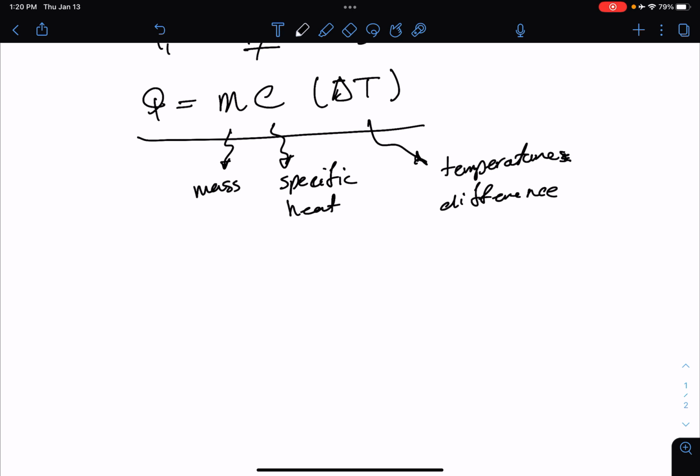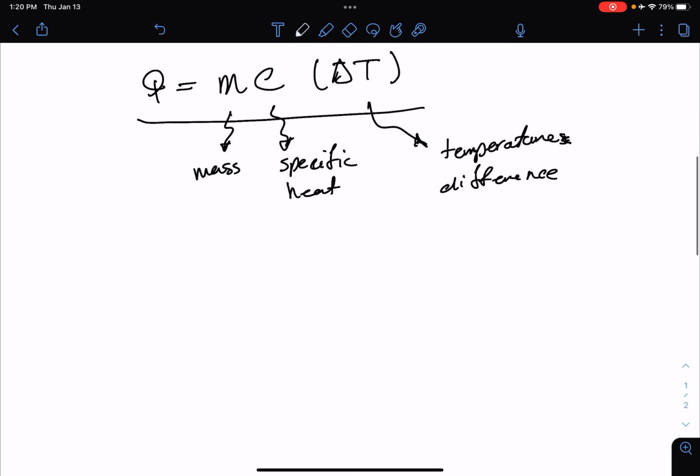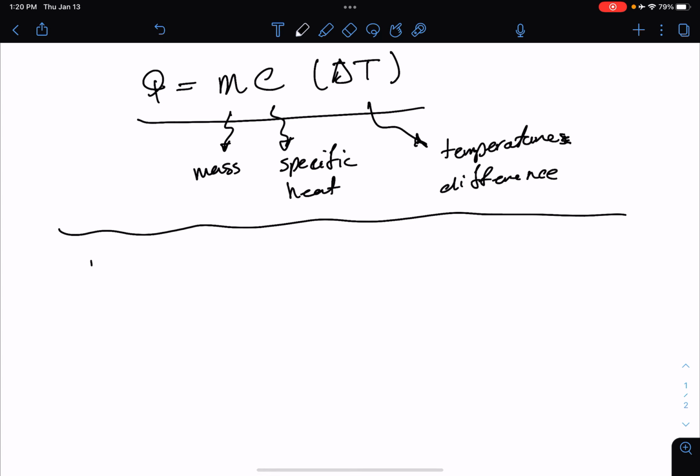There is another form of heat transfer, which is called latent heat transfer. Is there anyone in class who wants to explain to us what latent heat transfer is, and what is the difference between sensible heat and latent heat?